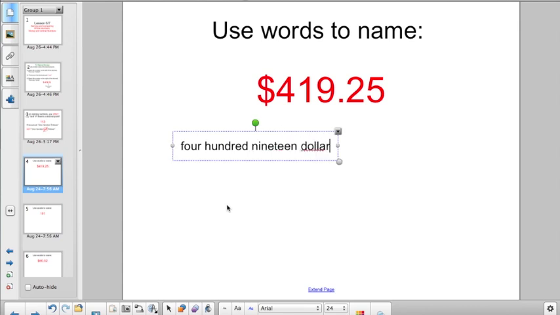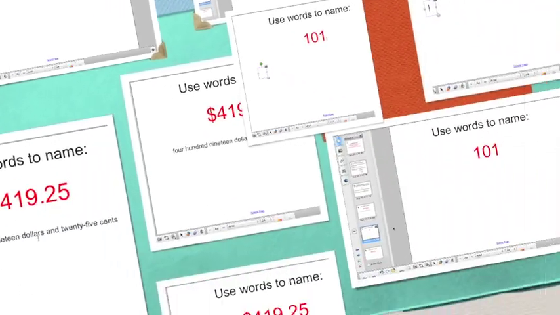Dollars would come next. Now I have the decimal point pronounced and. Now I better say the next two digits on the other side, which is 25, and then we say cents. $419 and 25 cents. Let's keep moving on, okay?